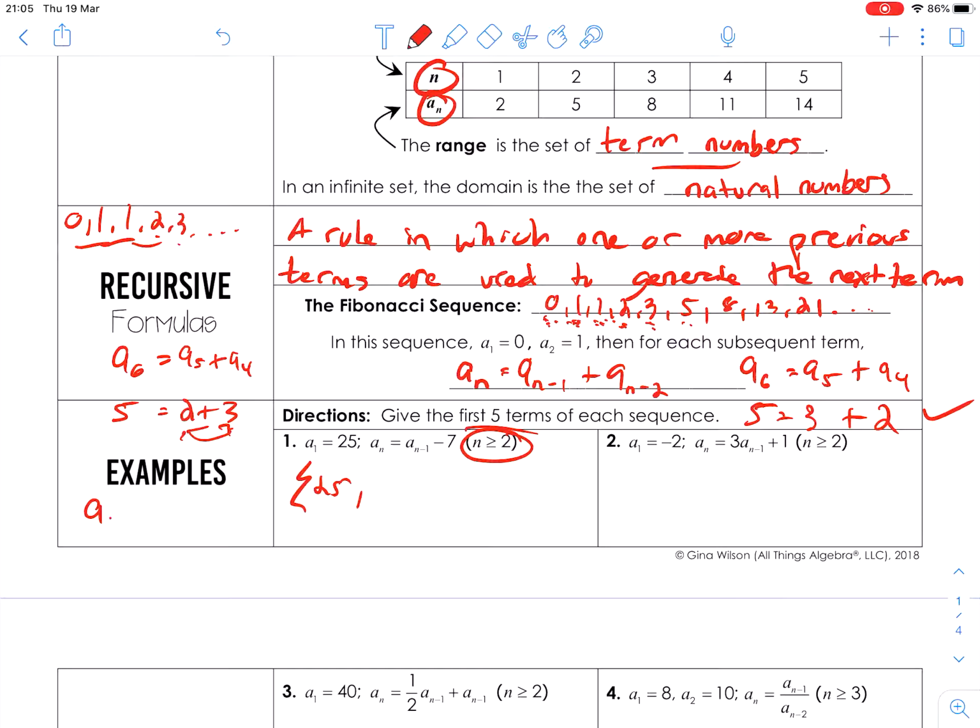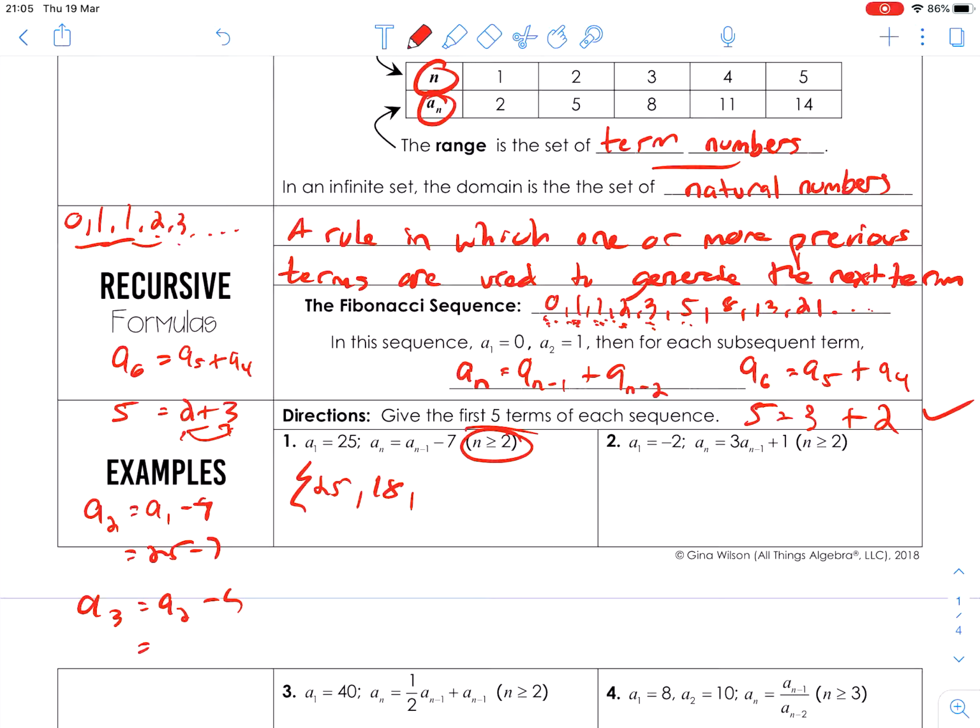So for a sub 2, we get a sub 2 minus 1, which is a sub 1, minus 7. We know a sub 1 is 25, so 25 minus 7 is 18. And we keep doing that. For a sub 3, that's a sub 3 minus 1, which is a sub 2, minus 7.